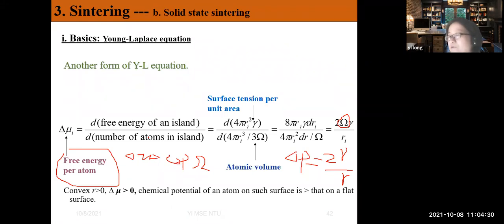Now I'm asking you, if R becomes bigger, does delta P become smaller or bigger? Or the pressure inside, is it going to be higher or lower?